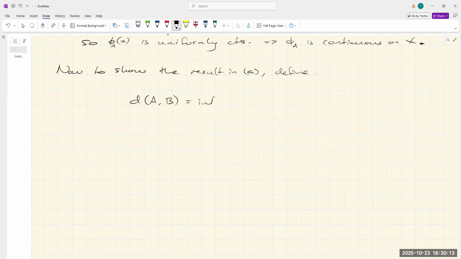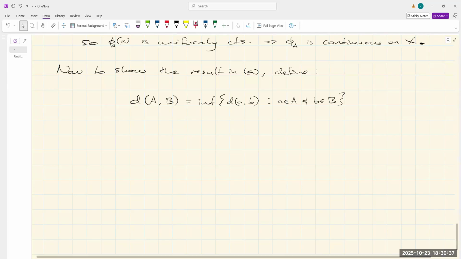It's just the infimum. So it's a generalization of that distance function we just showed was continuous. It is the infimum over all distances between a and b, where a comes from A and b comes from B. Okay, so it's the infimum over all of these distances.